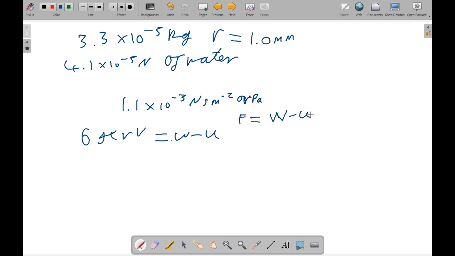This is the equation for finding the terminal velocity of a free falling sphere, falling at a constant velocity, or its terminal velocity.